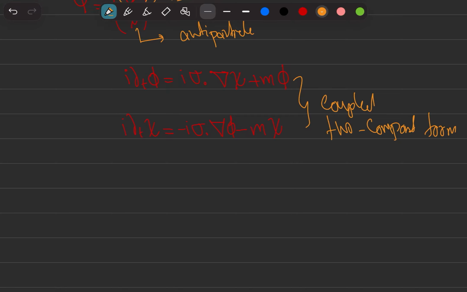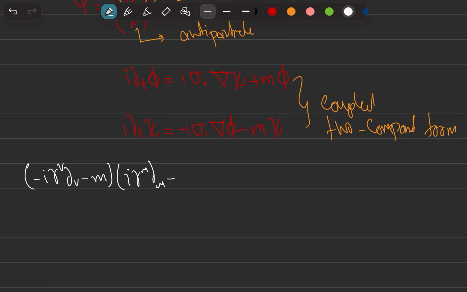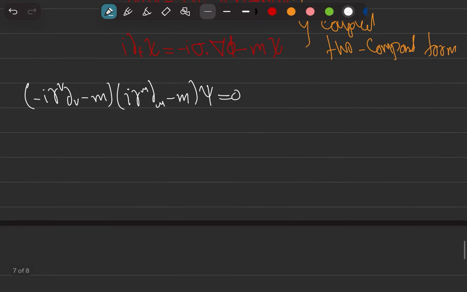So I'm just going to do that. This is the Dirac equation which we just derived, (iγ^μ ∂_μ − m)ψ = 0. So this is just me multiplying the Dirac equation with itself.